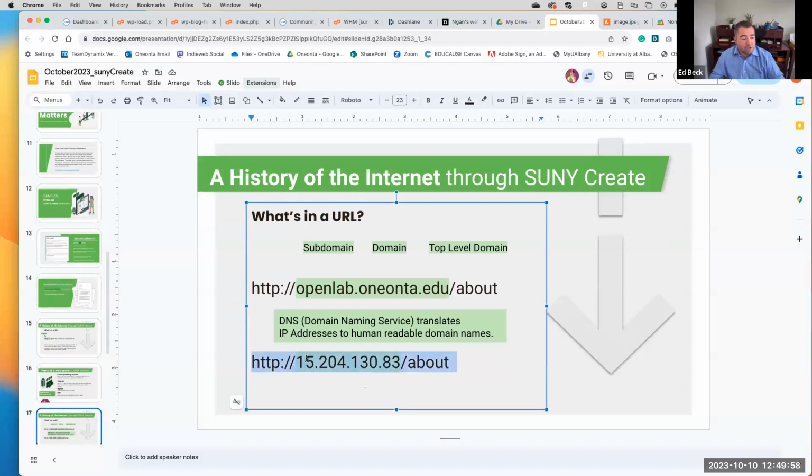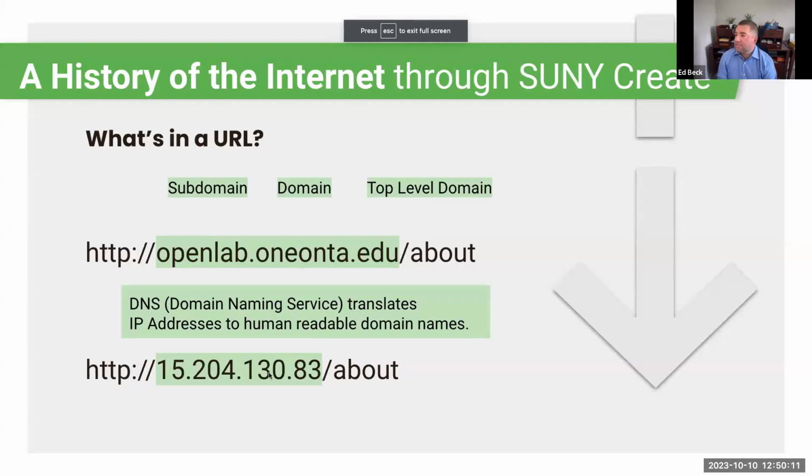So an IP address is just that computer readable URL. And then through DNS, through that little bit of jargon, we're renaming that IP address something that people could actually remember. And we're looking at the about file that's in that folder.